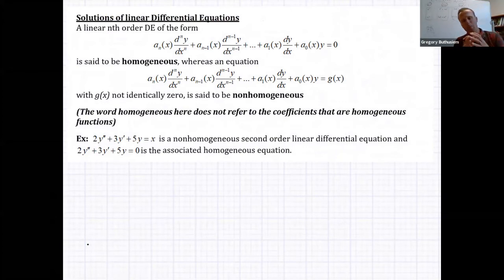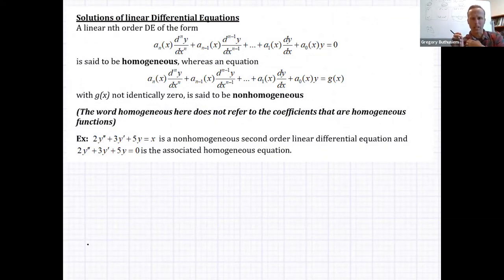In the previous chapter, homogeneous was a property of a function where, when you plugged in tx, ty, you got basically the original function back again times a power of t. This is totally not that. This has nothing to do with that, right? Students every semester joke that we can call one of them homogeneous and the other one homogeneous, okay? It doesn't really matter. You should be able to recognize the difference between them.